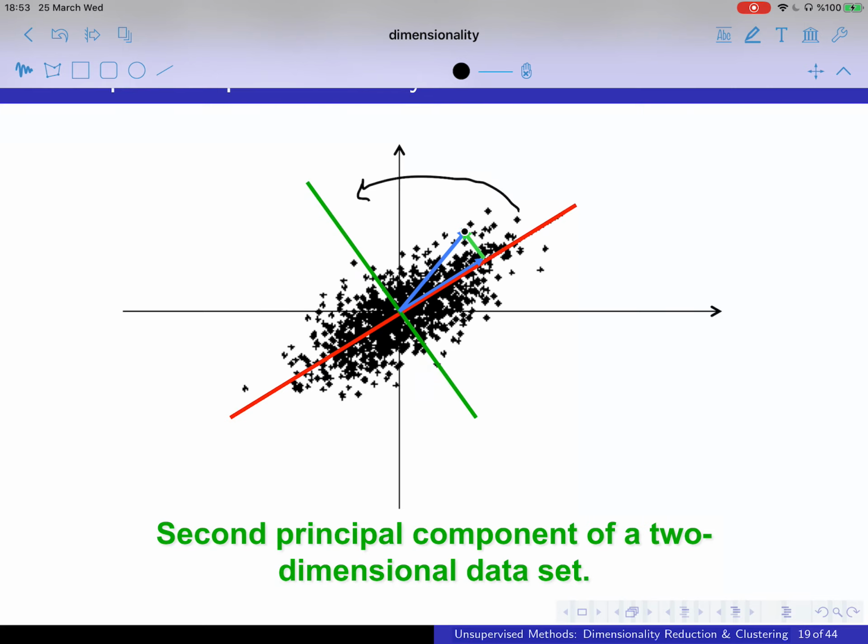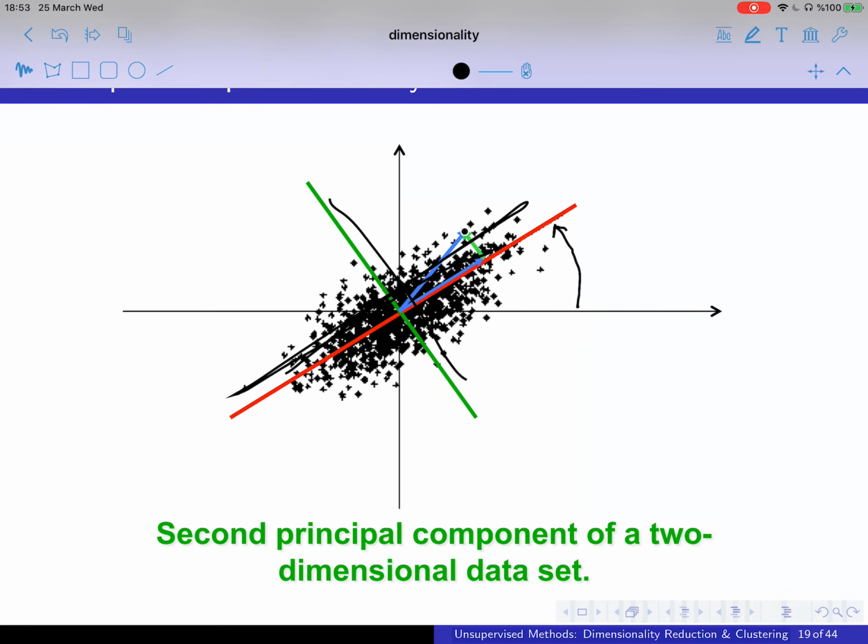So actually you're rotating your dimension, kind of your basis vectors, your axes, such that they align with higher variance. So you can use only maybe one of them.